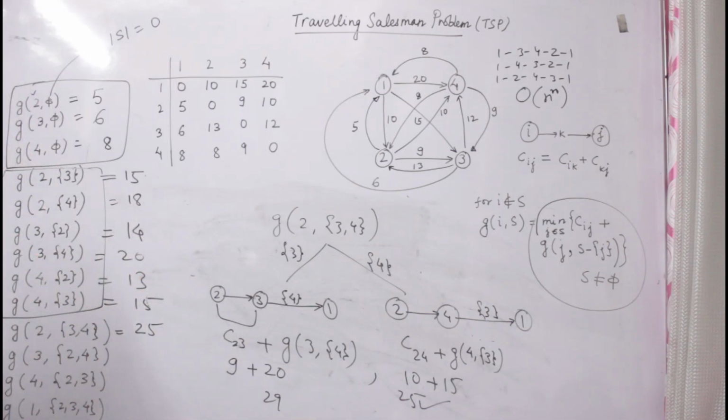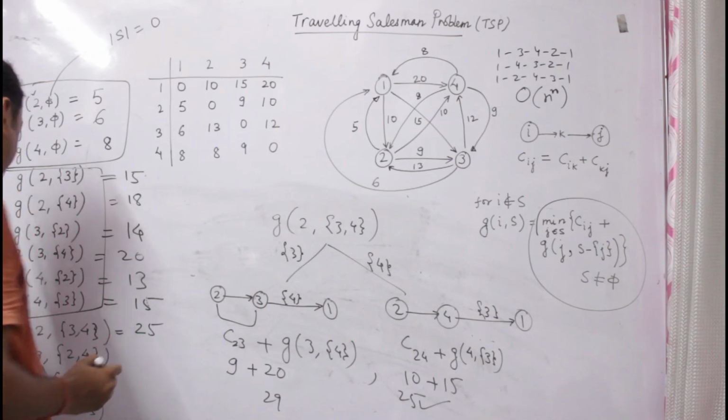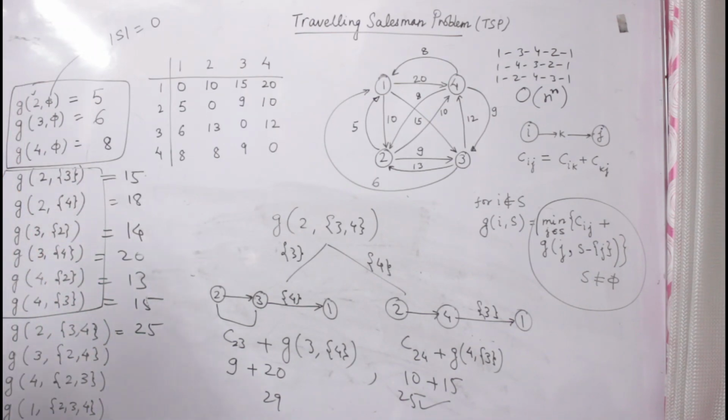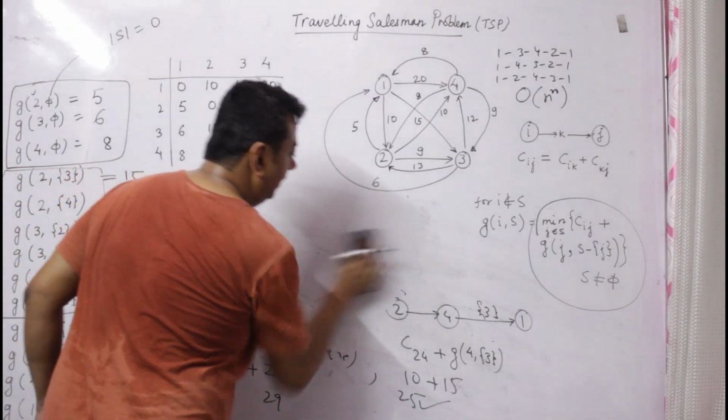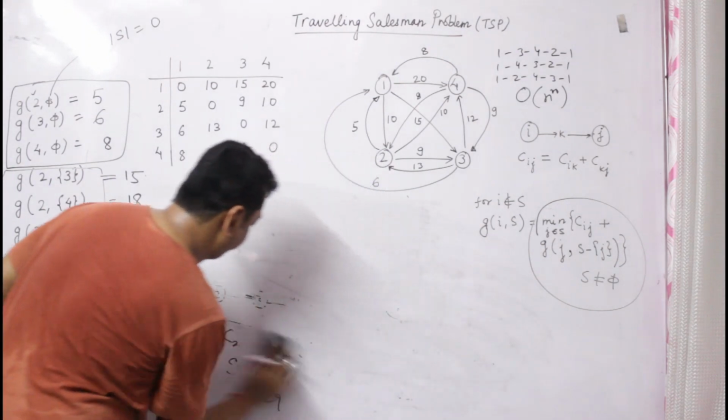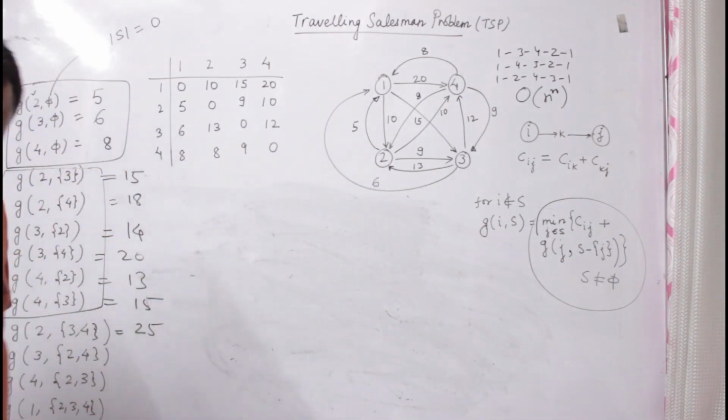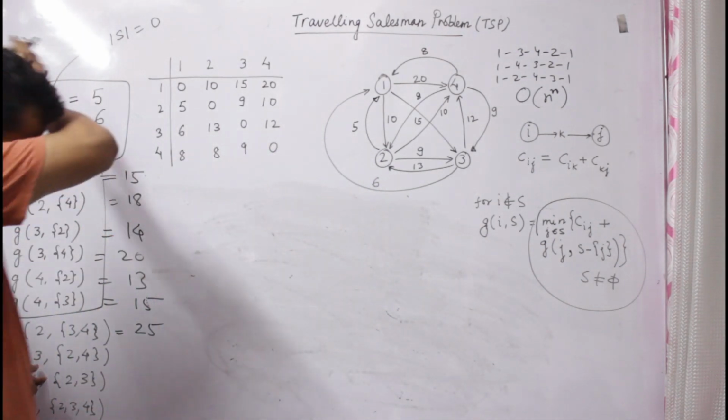Okay. Similarly, what is G(3, {2, 4})? Let's quickly write this one.